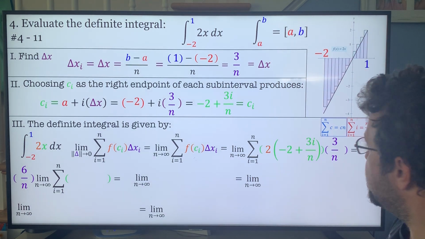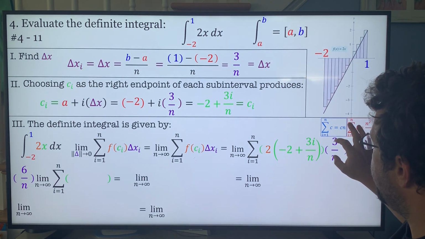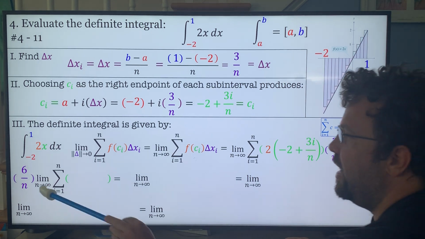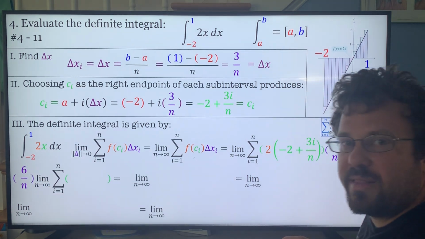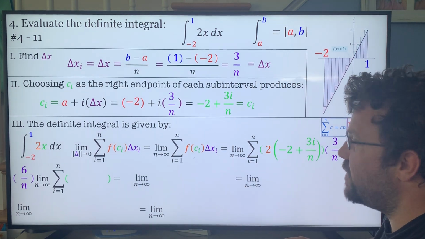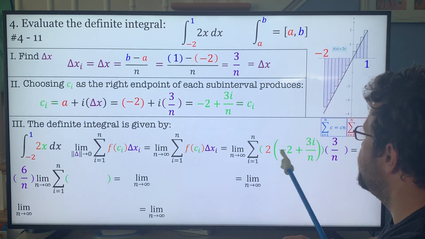I find it easier to pull out anything that comes first. So I take my 3 over n and my constant, multiply them together, 2 times 3 is 6 over n, and I pull that out. If you want to put everything together first, that's fine. I'm going to show you both ways to do it. It's all pretty much preference.